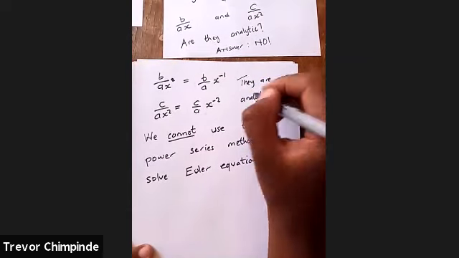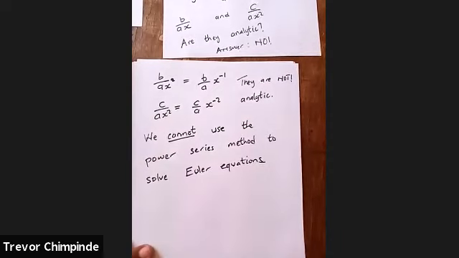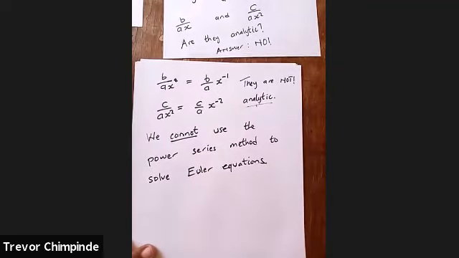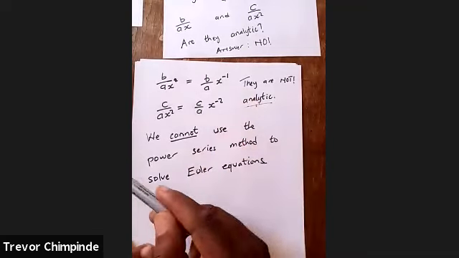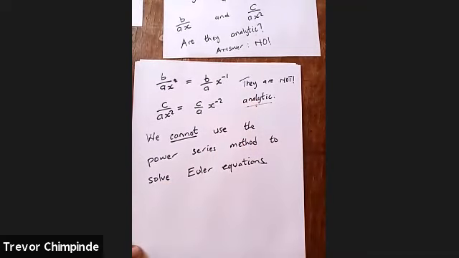What it just means is, can I write these as a power series, that is, one which has 0 or positive exponents? And the answer is no, you cannot. So because they're not analytic, we can't solve them using the power series method. For the power series method, we require that these be analytic, you write them as power series, then plug them into your equation. Have I answered your question?